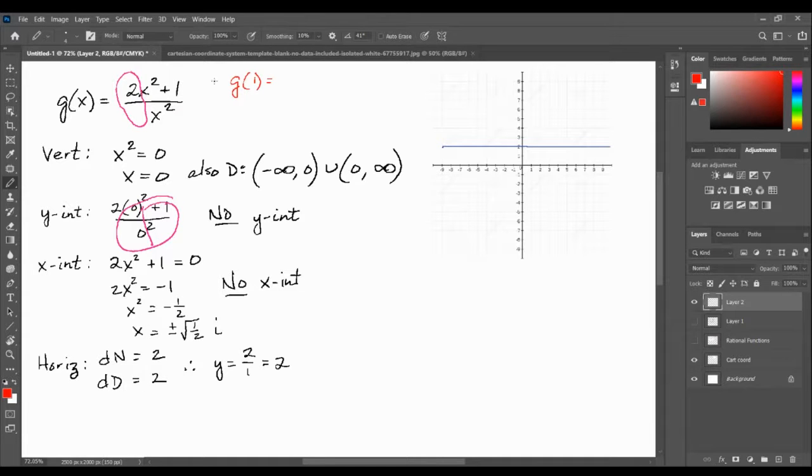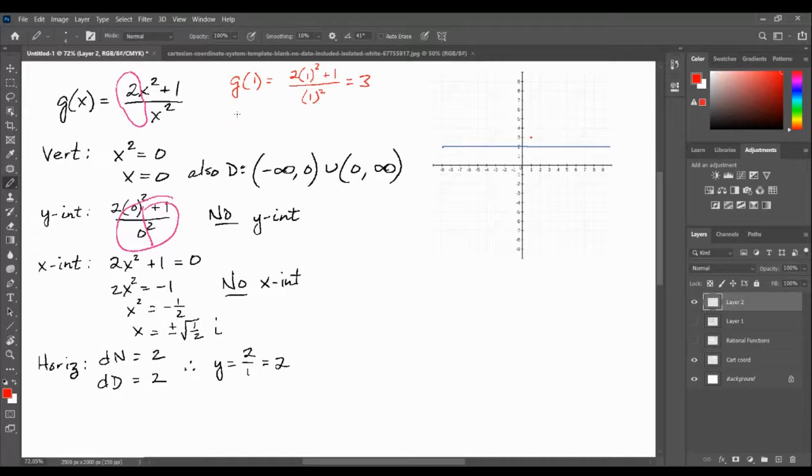Just to get some points to graph with, because we have no intercepts to worry about. We get 2 times 1 squared plus 1, over 1 squared. So this would be 2 plus 1 is 3, divided by 1 is 3. So at 1, we're up here at 3.